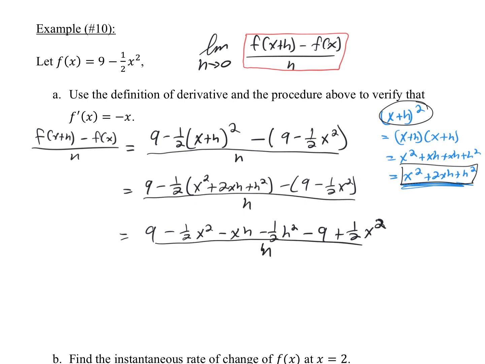And what you're going to notice in this line is there's going to be a lot of reducing that happens. So the positive 1/2 x squared and the negative 1/2 x squared is just equal to 0. The minus 9 and the positive 9 is just 0. So all we have left are two terms. And let's go ahead and write those down. We have negative xh minus 1/2 h squared over h.